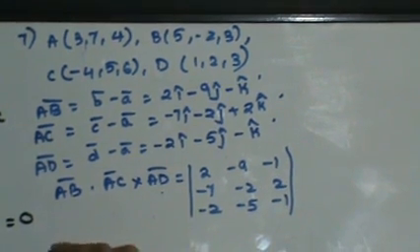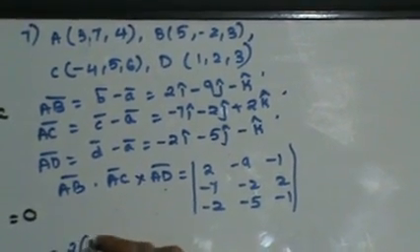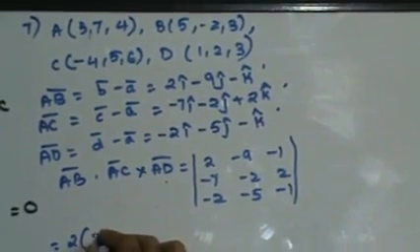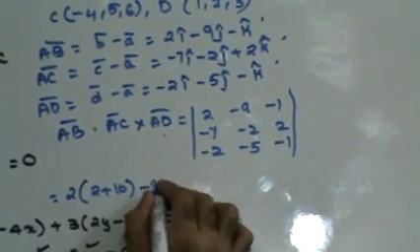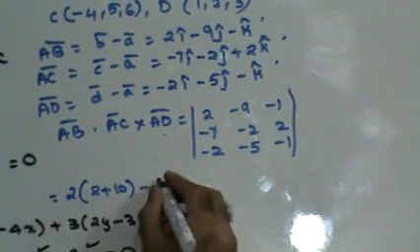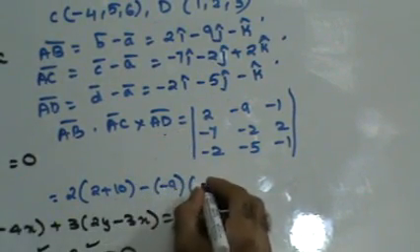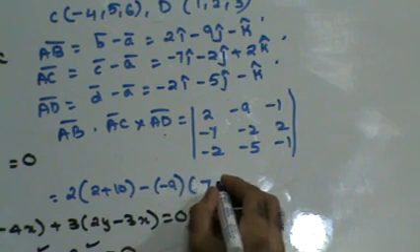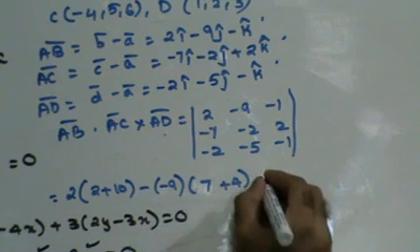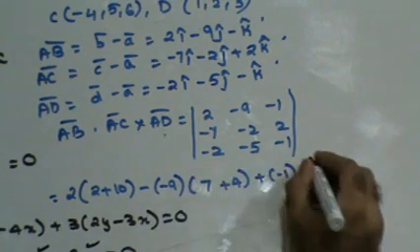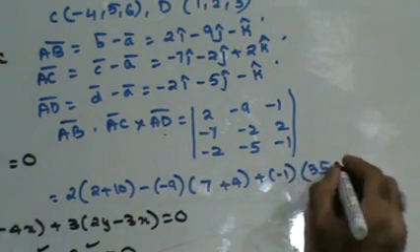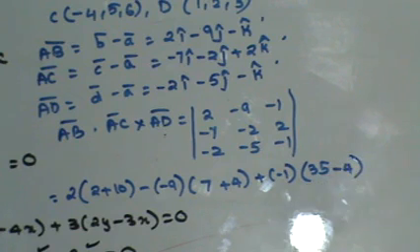Now this can be written as 2 (2 plus 10) minus of minus 5 (7 plus 4) plus minus 1 (35 minus 4).